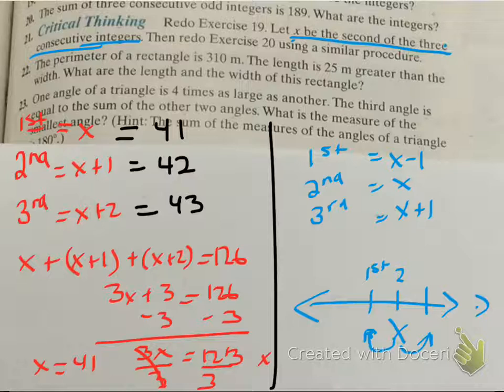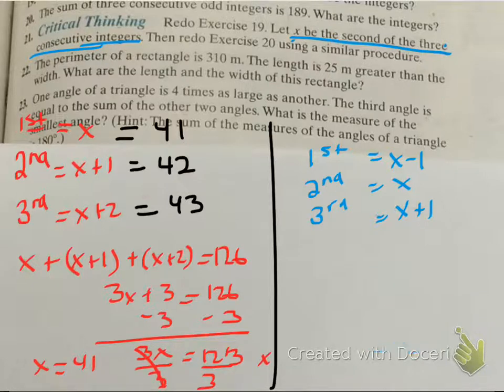So now I've got new names, and we're going to do the same thing. This time, how do I build the equation, McRitchie? Plus 1, yeah. Equals, no, we are redoing number 19.